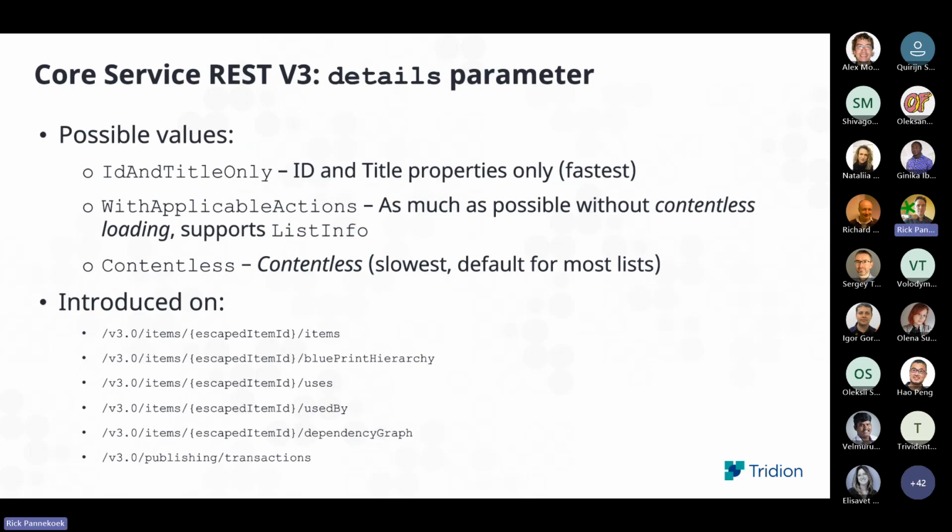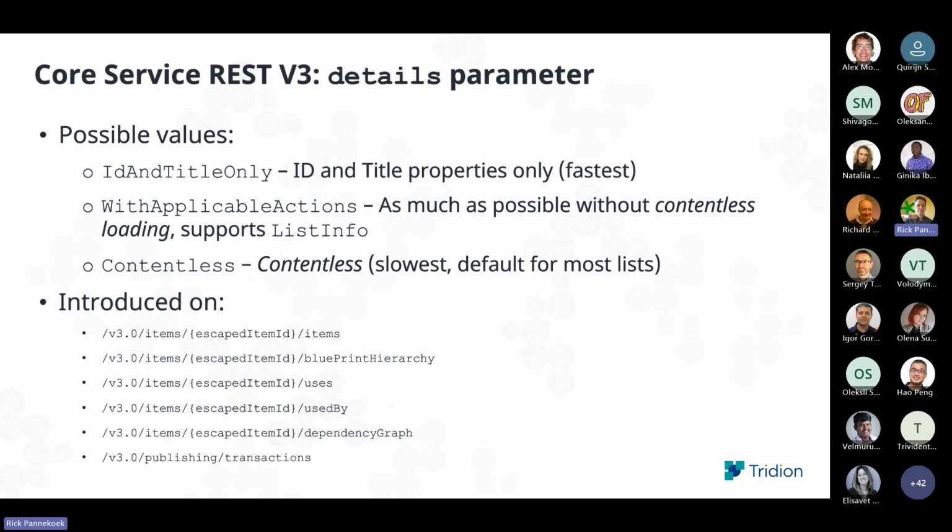And then we still have contentless, and we explained what that was. It is the slowest option of the 3, but we still made it the default for most lists, mainly to make the migration impact as low as possible. If you created a client against the v2 API, and you now decide to migrate to the v3 API, well, that client didn't know about this parameter, of course, so it wouldn't send it, and then the default is contentless, which is basically what it also was on v2.